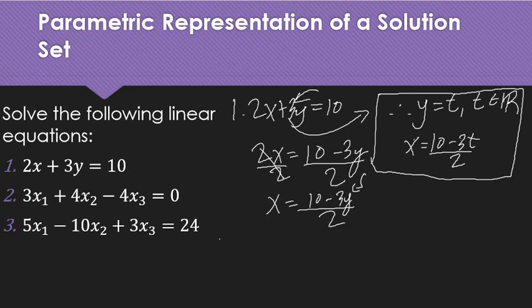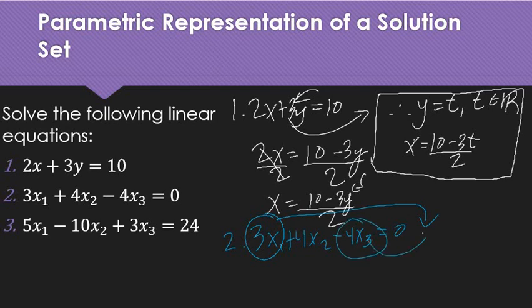Now let's go for number 2, which is 3x sub 1 plus 4x sub 2 minus 4x sub 3 equals 0. I can transpose to the other side any of the terms as long as I leave one. In this case, I'm going to transpose the first and the third one. So I will have 4x sub 2 is equal to negative 3x sub 1 plus 4x sub 3.